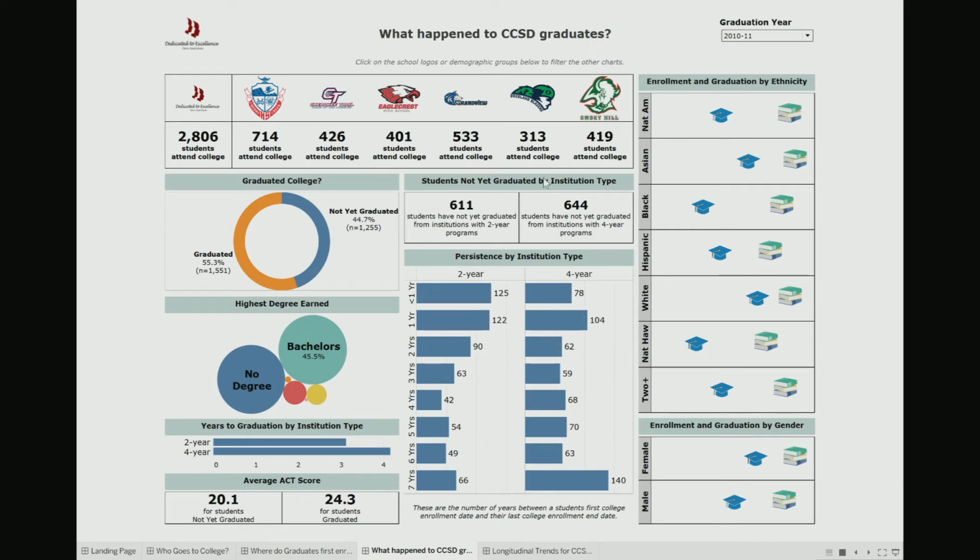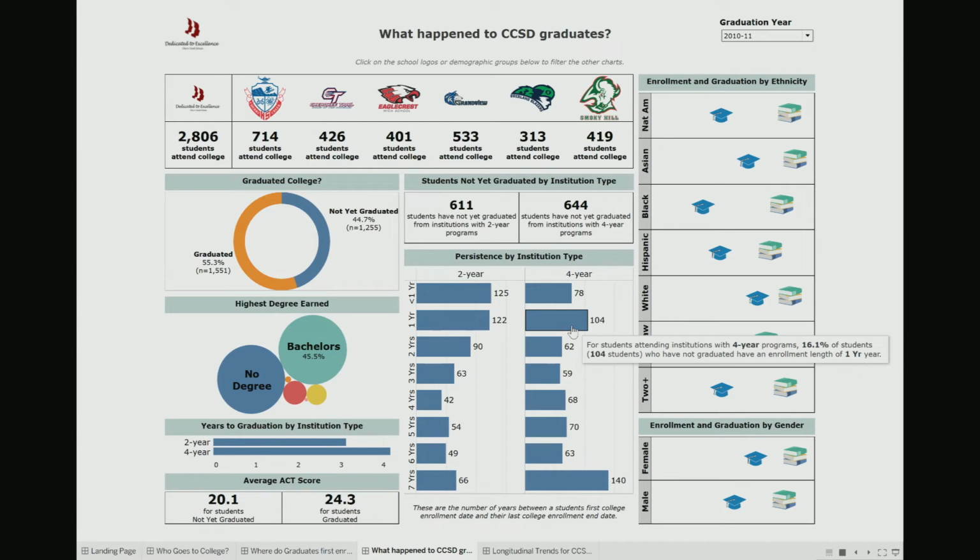Then you have students not yet graduated by institution type. And then you have persistence by institution type. What you see is that most kids that don't have a degree persisted for between 1 and 2 years.